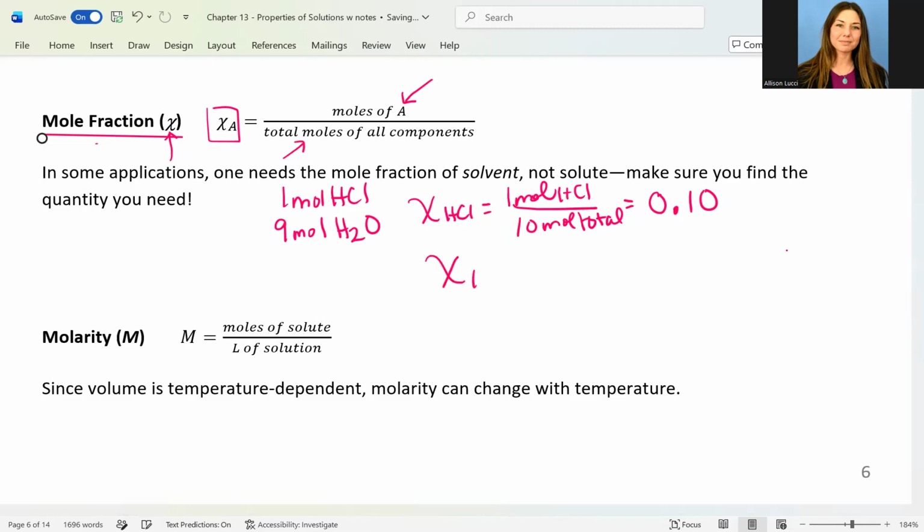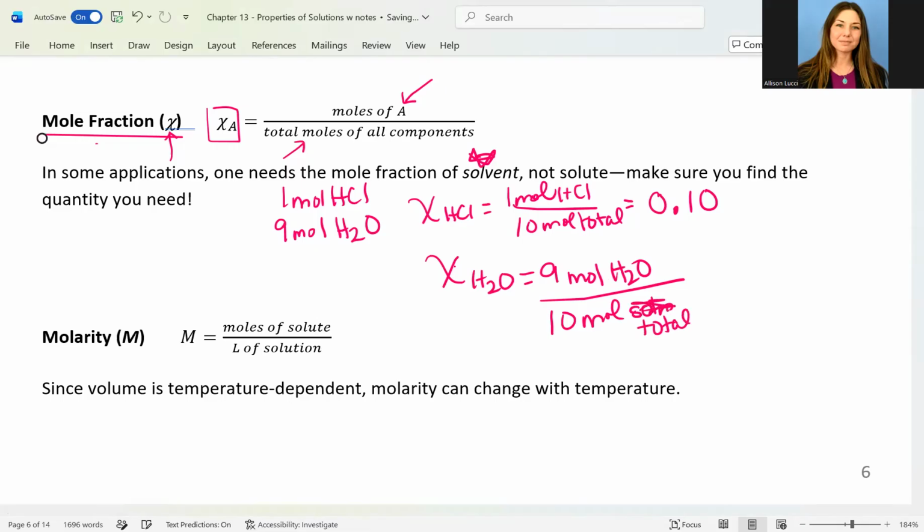Then if we did the mole fraction for the solvent, note up here this reminder that sometimes you are asked or need to find the mole fraction of your solvent and not your solute. So depending on what calculation you're doing, your mole fraction may change. Say we want to find the mole fraction for water here, we're going to now have 9 moles divided by 10 moles of solution, or total, right? We can just say total down here.